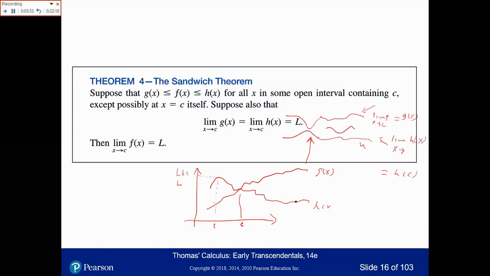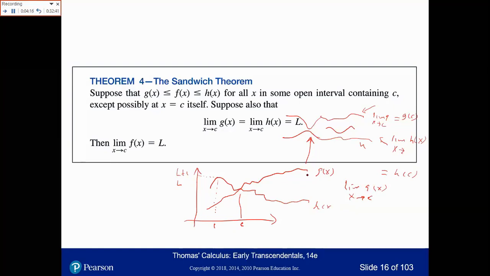But you see H and G, two functions, they meet at this point C, right? So what is the limit of G of x when x goes to C? That means x keeps moving. This is the x-axis.